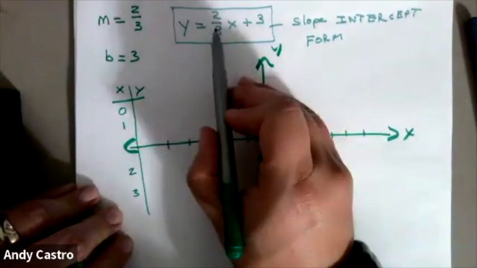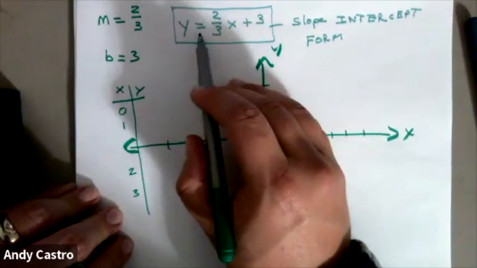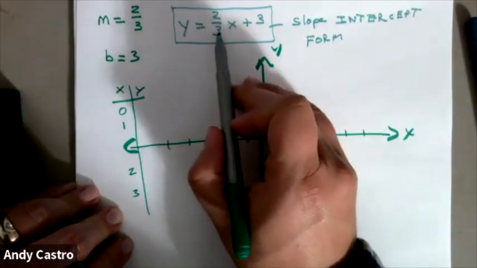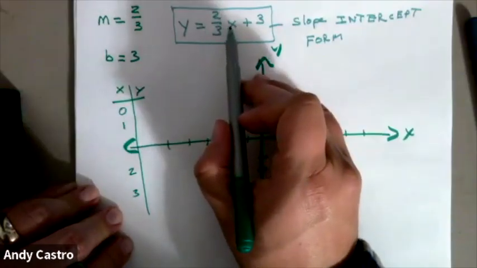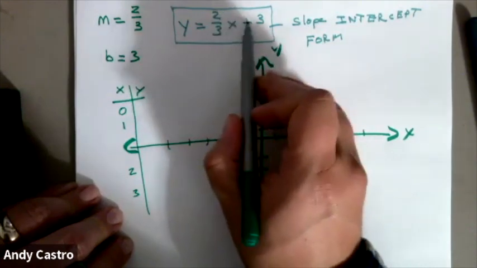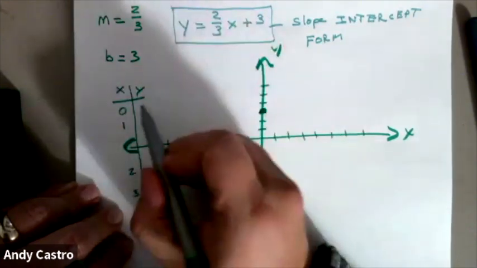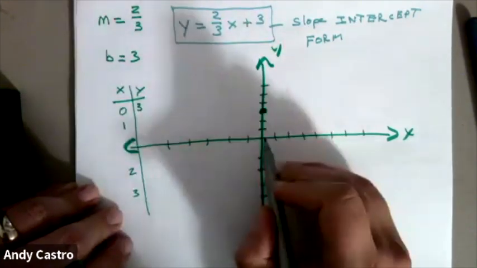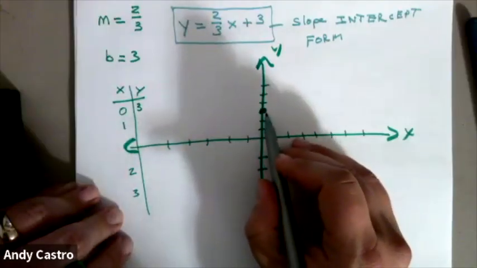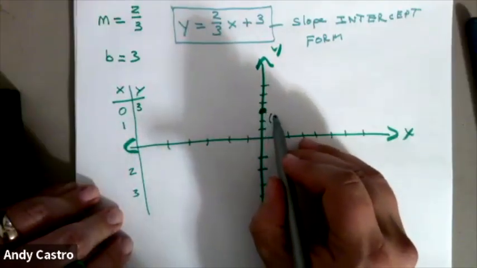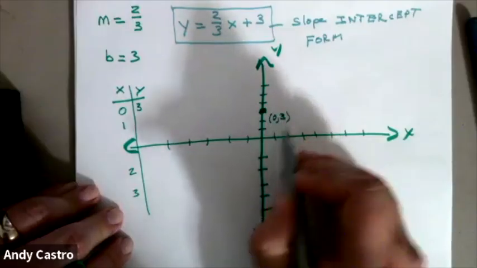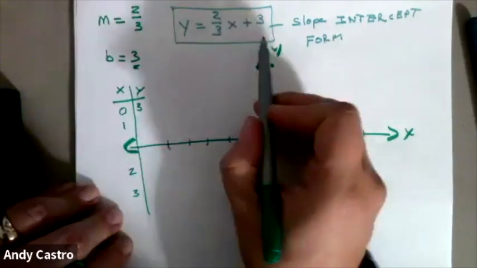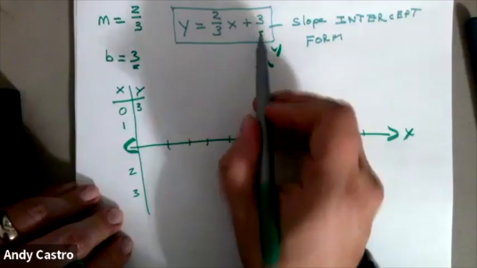So if we plug in 0, y is equal to 2/3 times 0, that would just be 0, plus 3, that would just be 3. And that's the first point here. That's 0, 3 right there. But we already knew that from just the equation itself.